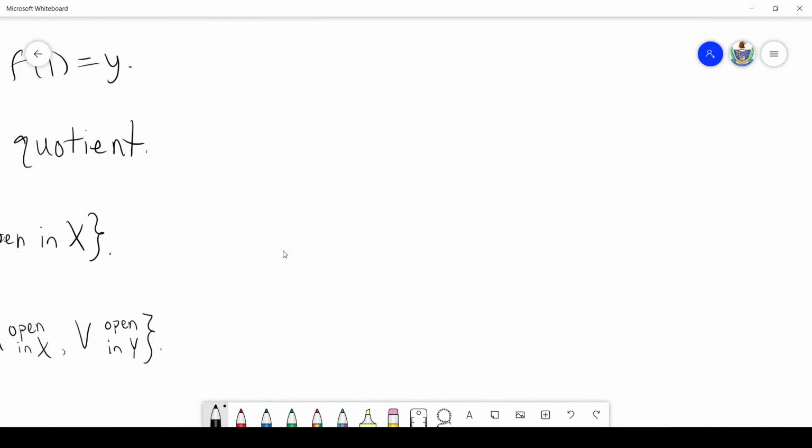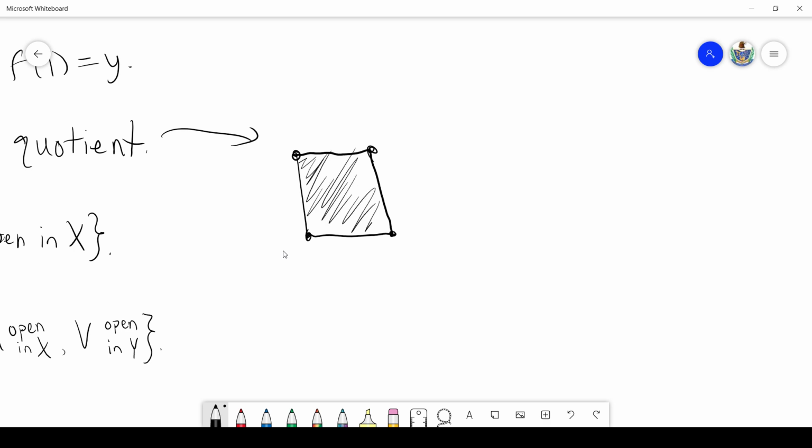Finally, the quotient space is best explained with an example. So imagine we take the square, which has its 4 corners, 4 sides, and then this interior, right?